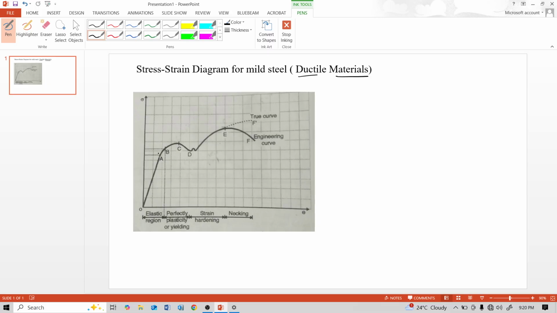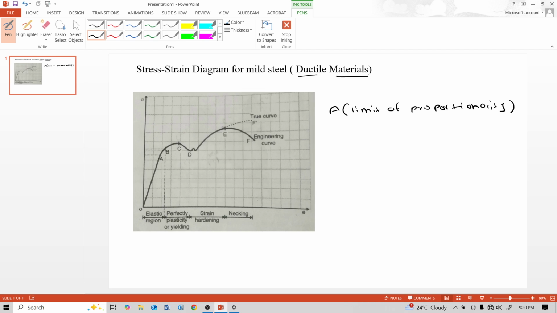This point A is called the limit of proportionality. The x-axis is strain, the y-axis is stress, and between O and A is the limit of proportionality.